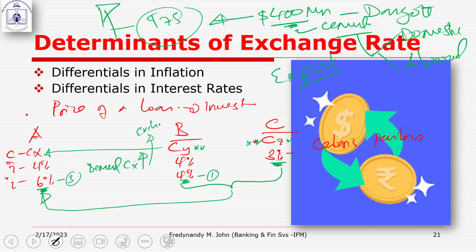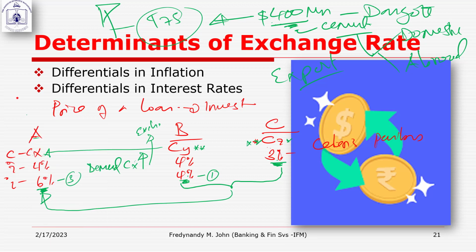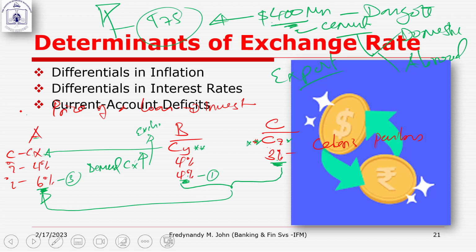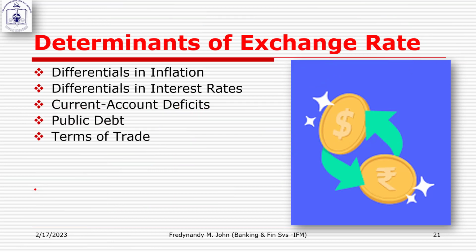Now, what will happen if our country continues to export? What will happen is that the terms of trade will improve, and also the current account deficit will decline, which means this deficit most likely will decline, and we may have even a positive current account balance.